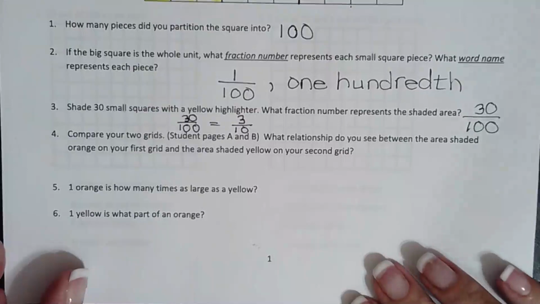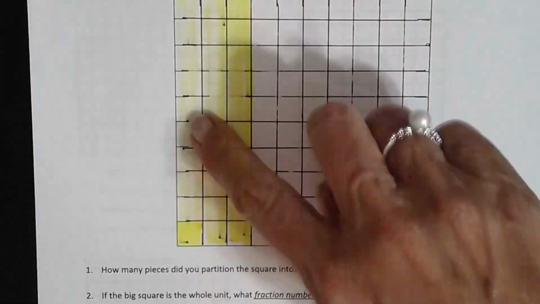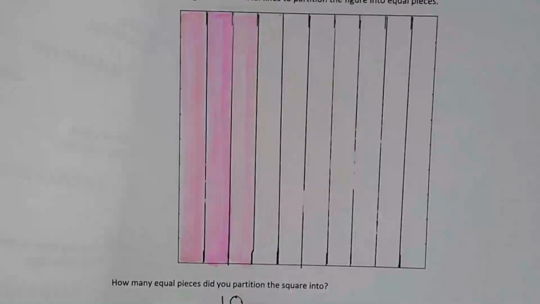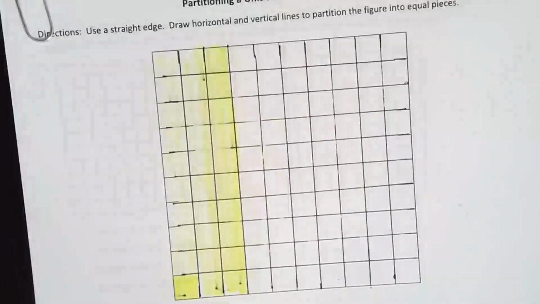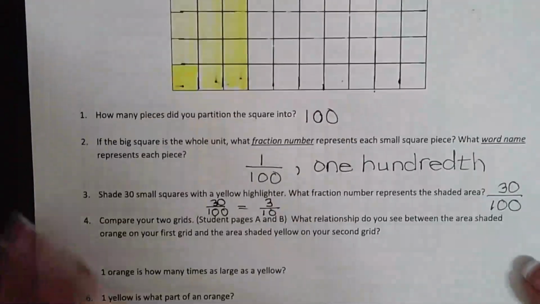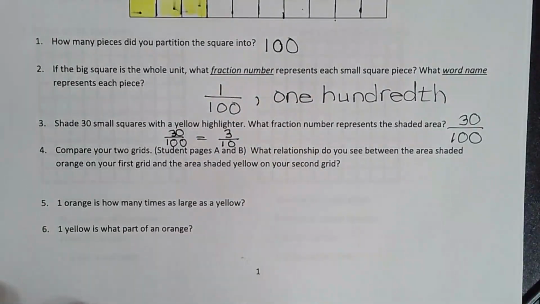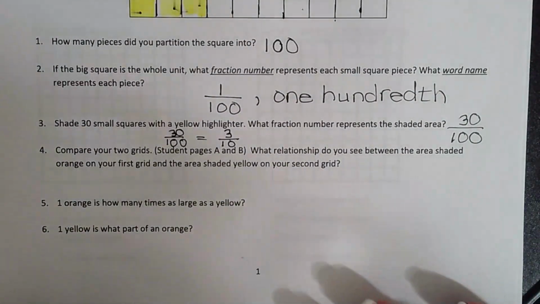They're equal. It just depends what your thing is broken up into, but you can see we have the same amount shaded in both pictures. 3 whole columns, 3 whole columns. Compare your 2 grids. What relationship do you see between the shaded area?